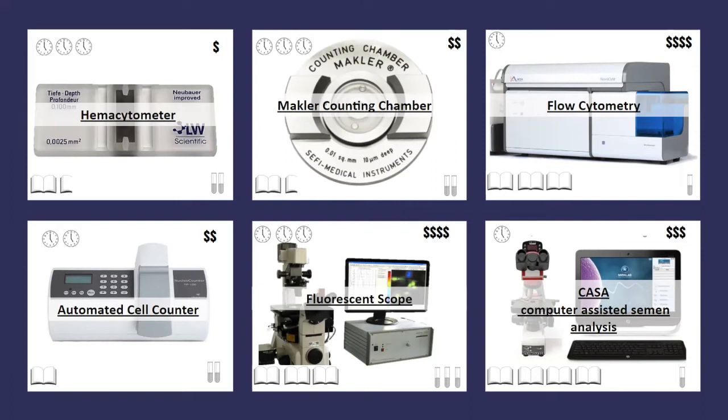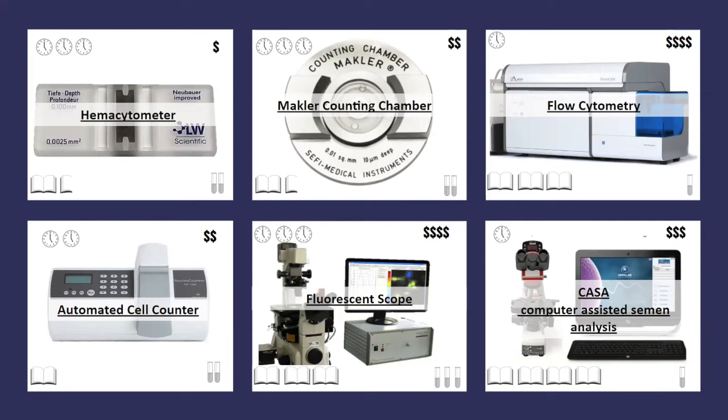You can get a little more advanced and use something like an automated cell counter. It's a little more expensive than these options and takes a little less time. It is pretty easy to use, but in most cases it really only gives you concentration, so it might not be the best device to use. Then you can get more advanced.